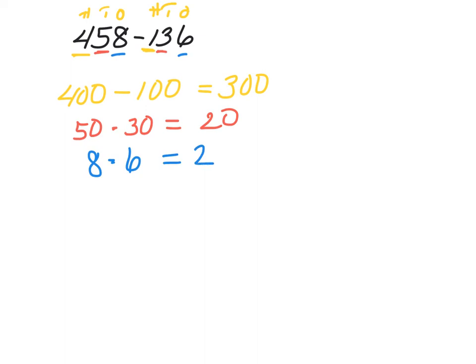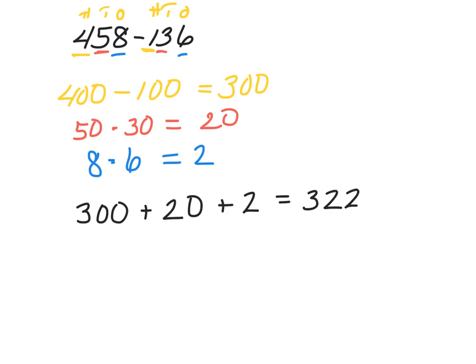So now we're left with 3 hundreds, 20, and 2. All we need to do now is just to add those up together. So we have 300 plus 20 plus 2, which is the expanded form of 322.